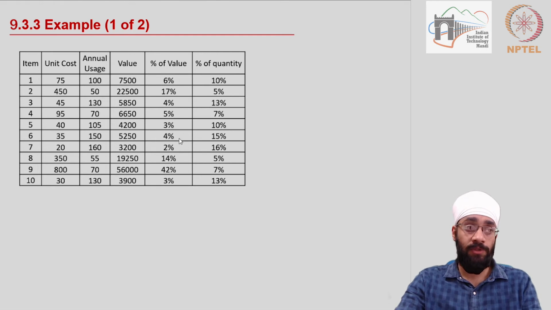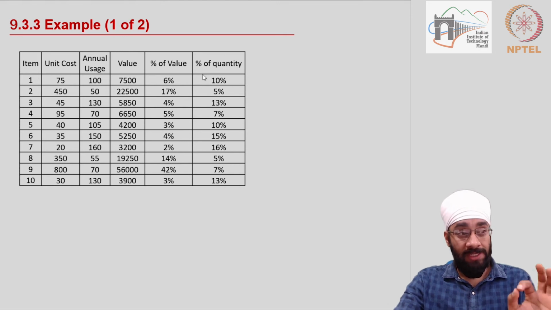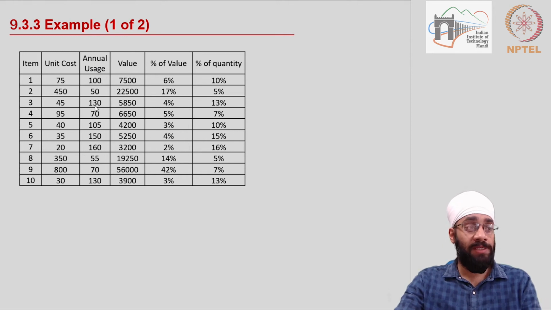So that's how this column comes about. Percent of quantity uses the same formula. We are just using data from the annual usage column. So 100 divided by the sum of all the units of the 10 different stock items, which is 1000, gives me 10%, and hence this column.